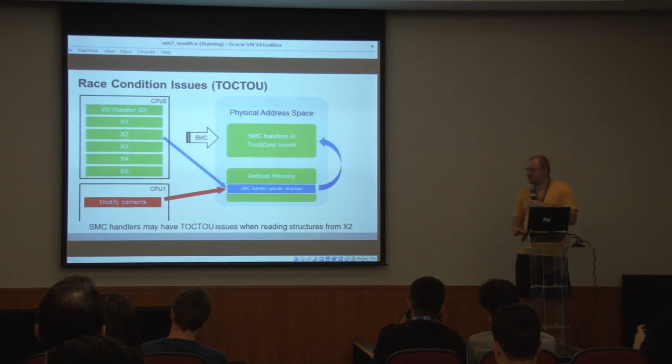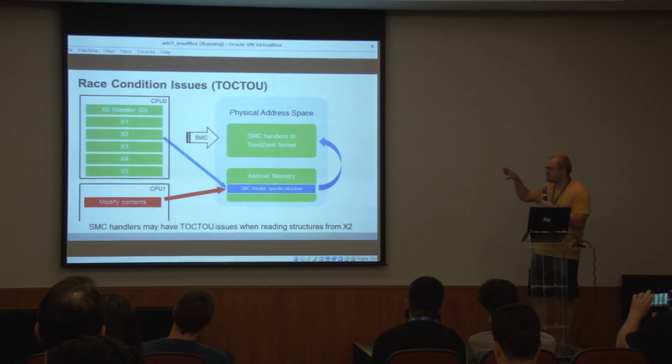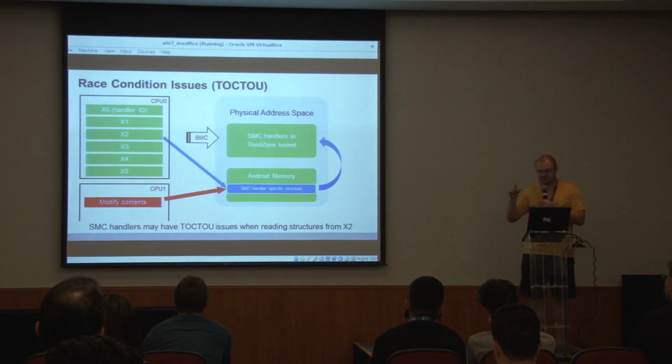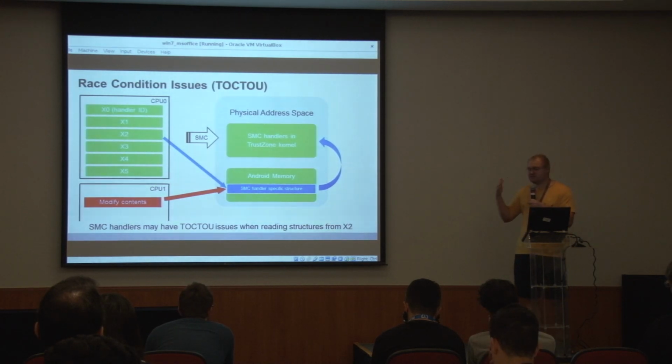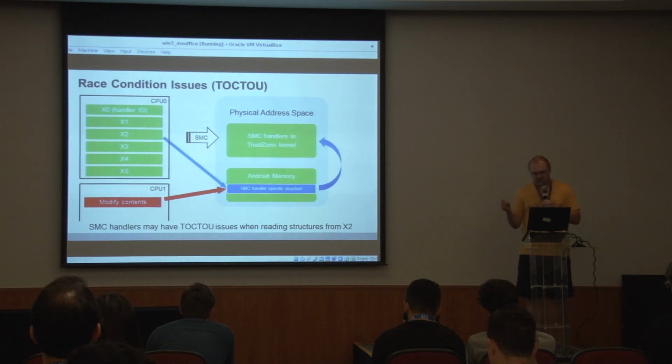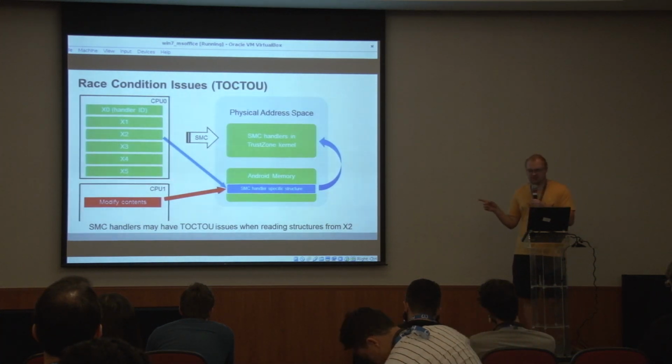So if you pass a big buffer as an argument to the SMC handler, and if this buffer is stored in memory, then there can be a case when this buffer is modified by another CPU. This is a really interesting vector because in x86, it is not applicable at all.